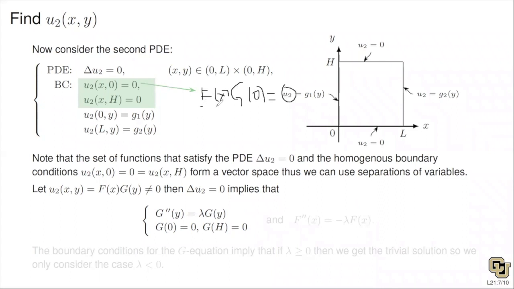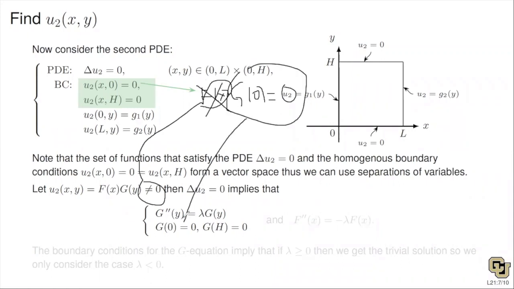If I assume F of X is 0, then we get a trivial solution. So F of X can't be 0. So G of 0 must be 0. That's where that boundary comes from.